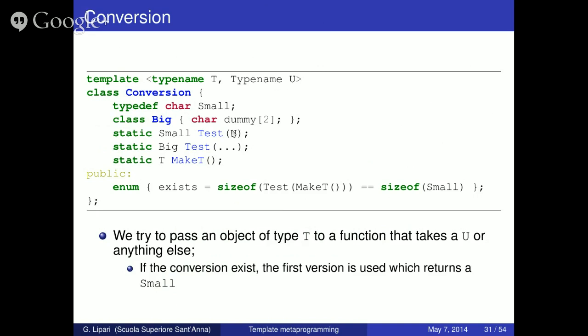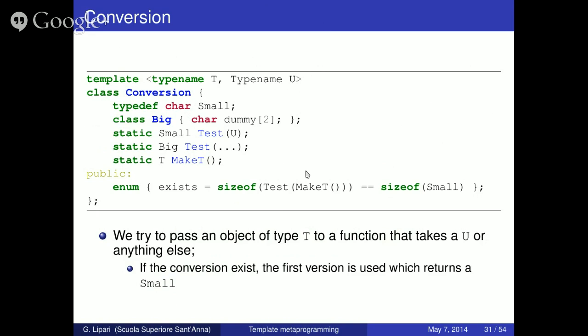One that takes U and one that takes an ellipsis. So actually this is the other way around. We are trying to convert T into U. Sorry for the confusion. So we take T and we try to convert it to U. If the conversion is possible, then the result of this test is going to be small. Small is going to be equal to small, so exist is going to be true. So if T can be converted into U, then size of small equals size of small, so exist is true.